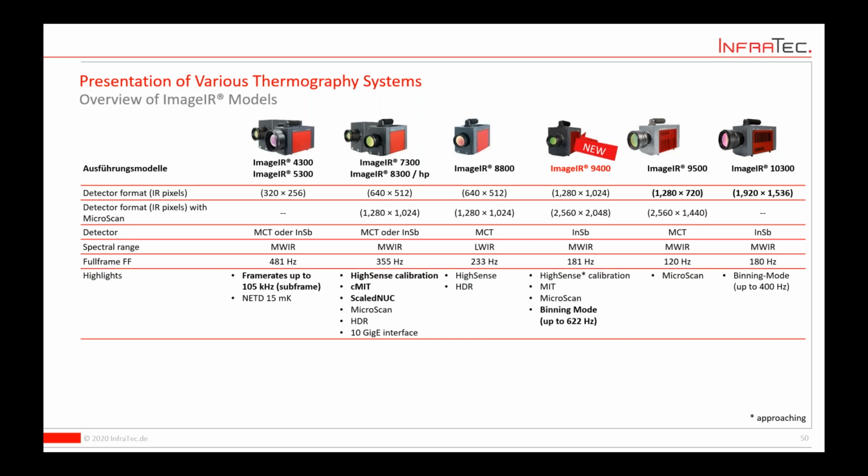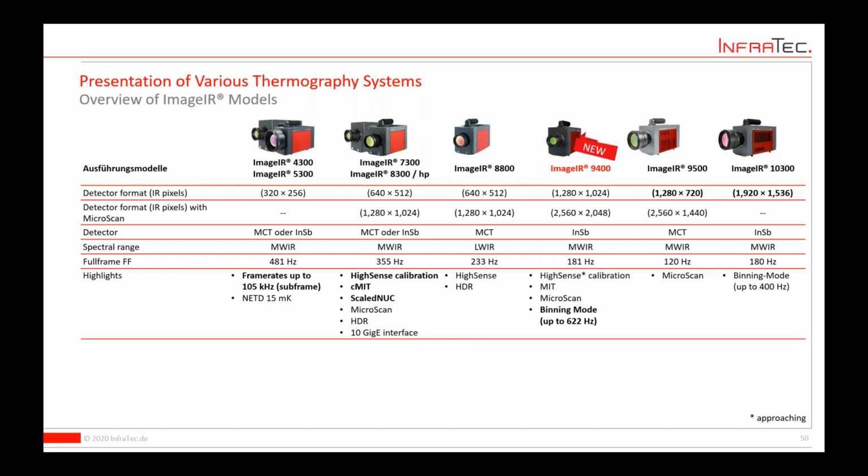But there are also cameras like our workhorse series, the ImageIR 7300 and 8300 models. This is the most flexible camera from us, with a decent amount of resolution and a decent amount of speed, but also with the advanced features we developed for these cameras, like high sense calibration, which enables a ton of flexibility with unique features like microscan and HDR.